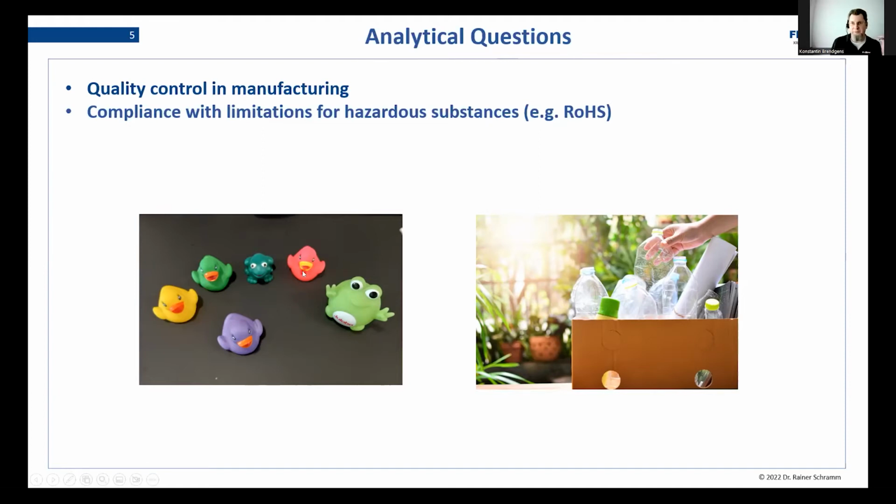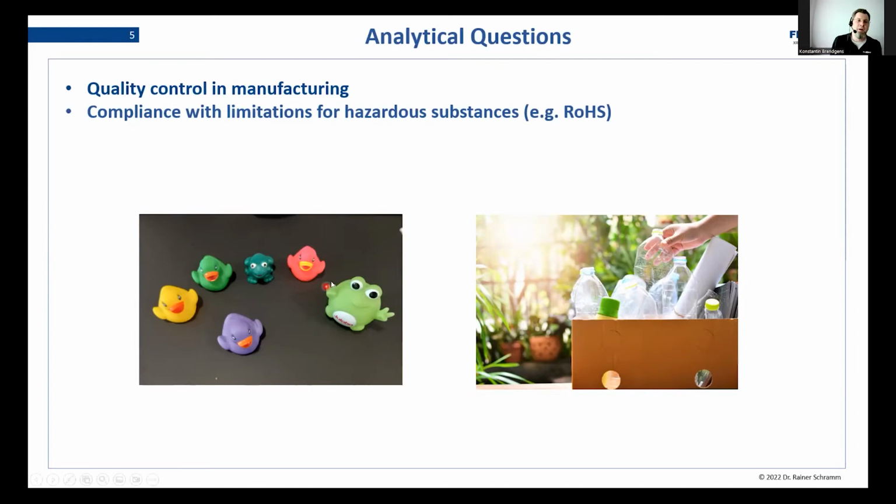We'll come to another example later, but an interesting question, especially for these toys, is how toxic they are and what kind of, for example, colors are used or what kind of additives are in the plastics, because obviously you want to avoid your children playing with them and running into any problems.